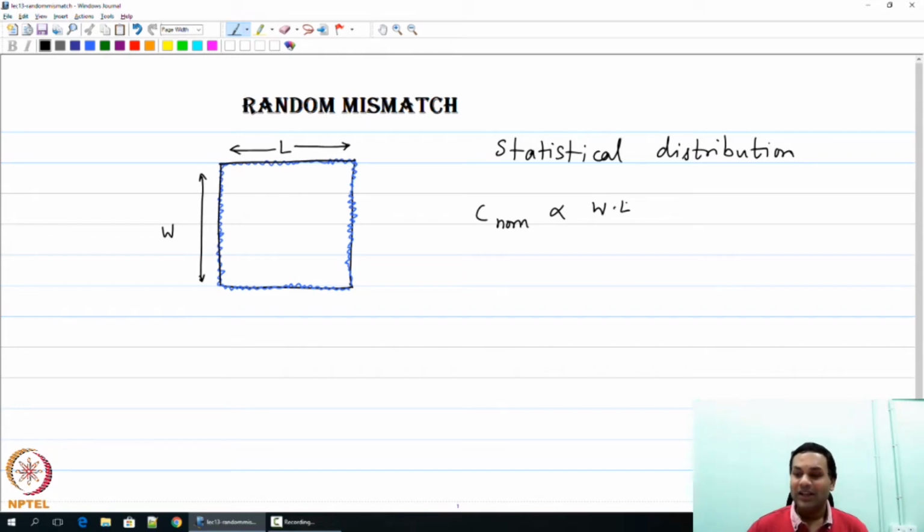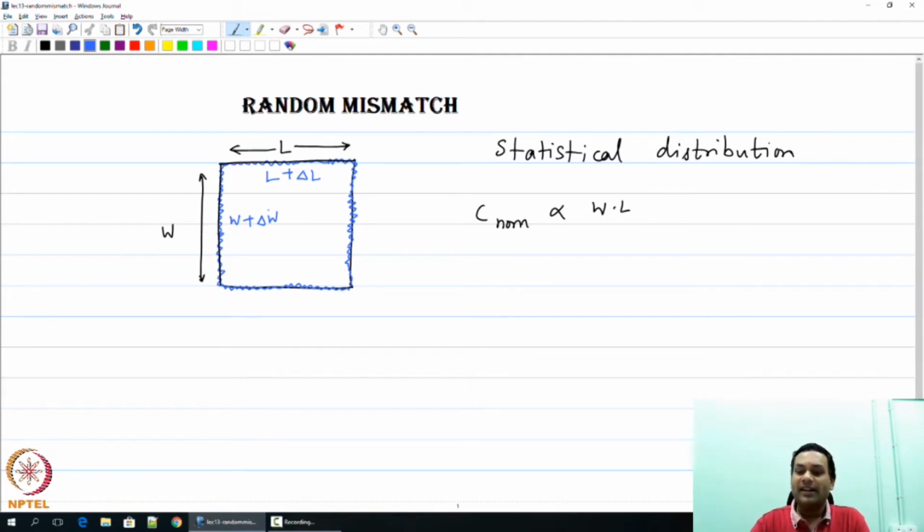So therefore you now need to find a way to figure out how this is going to affect you. So let me say that there is going to be some L plus delta L here. I'll show that in blue. And this is going to have W plus delta W. In other words, if I take two of these devices, two capacitors, maybe on the same IC or across ICs, I will find that this value of delta W and delta L has a certain distribution.